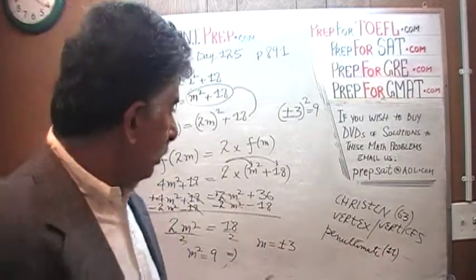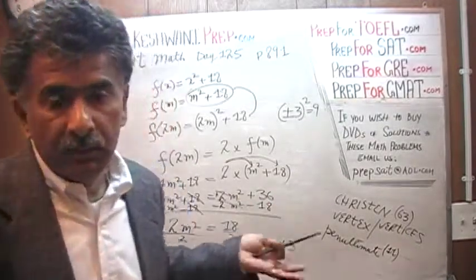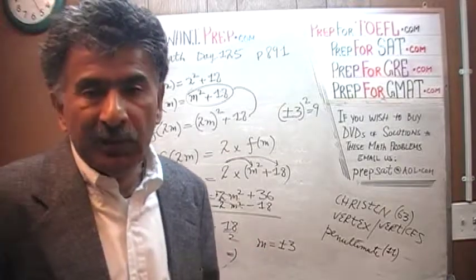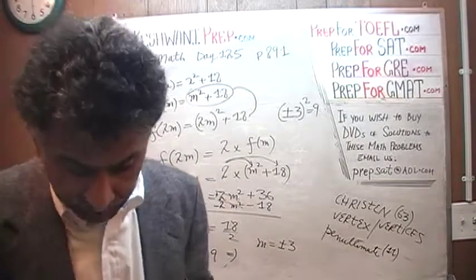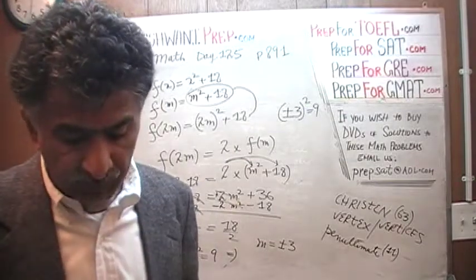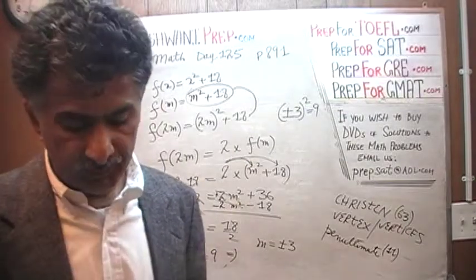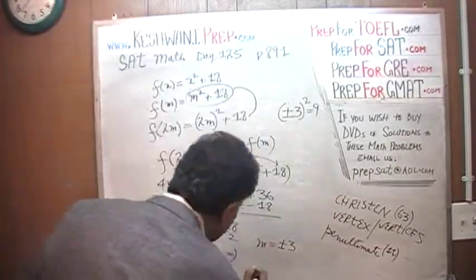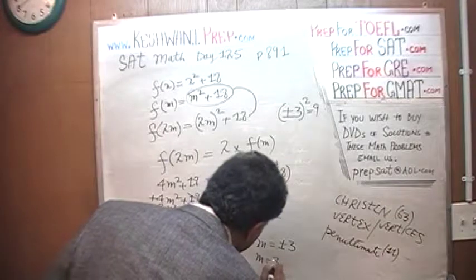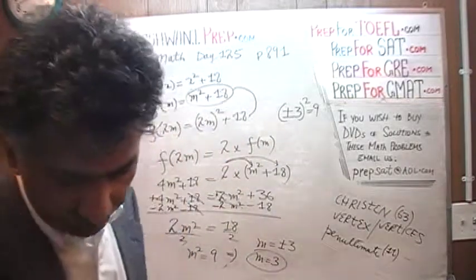So how do you know? They have to say something in the problem which makes positive 3 legitimate and negative 3 not legitimate. Well, they tell you in the problem that m is a positive number. Therefore m equals 3. That's our answer.